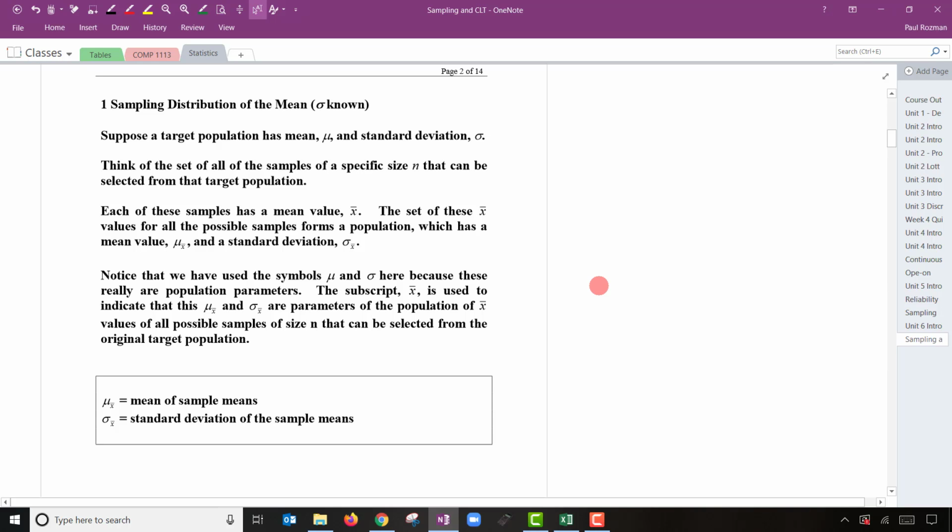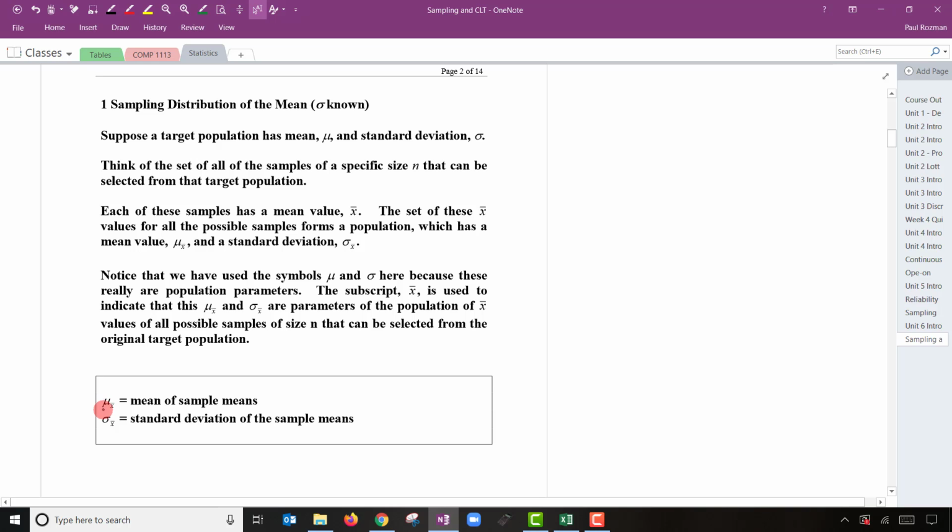So I can start studying my new data set of means. Now these means will have a distribution, they'll have a center, and we'll be able to measure their spread. So we're basically doing a transformation from individuals to grouped data where we're studying sample means.